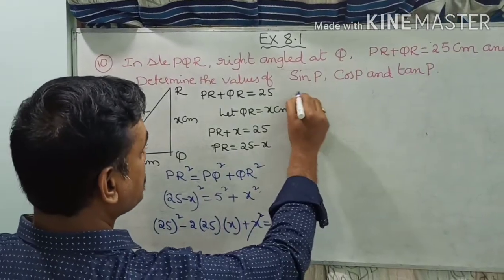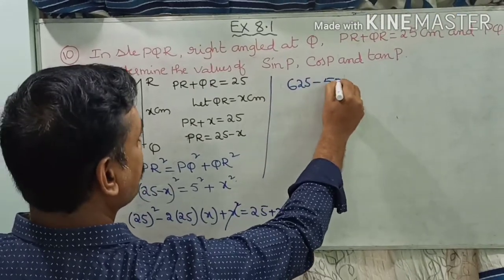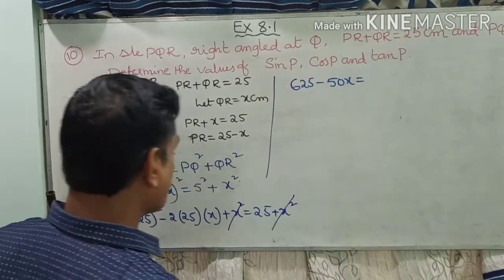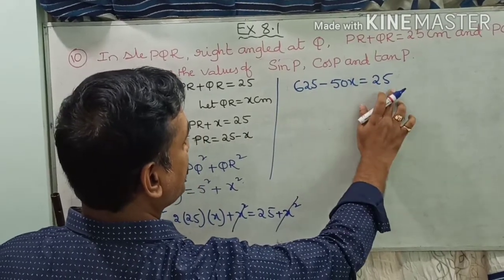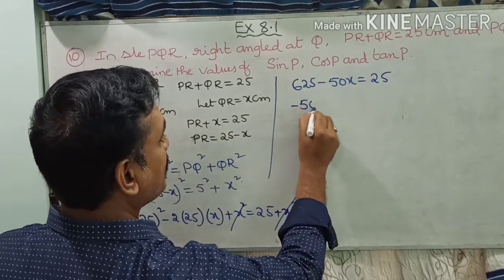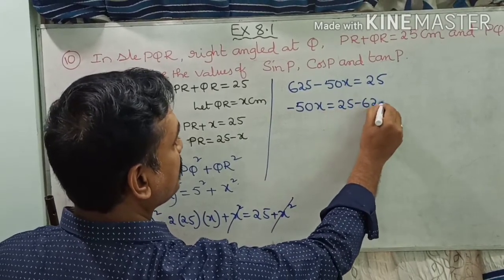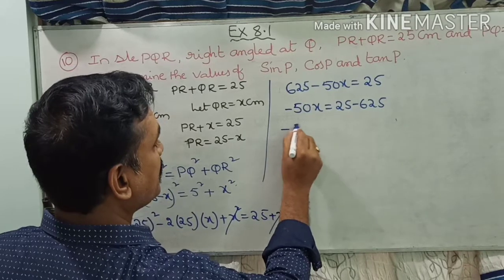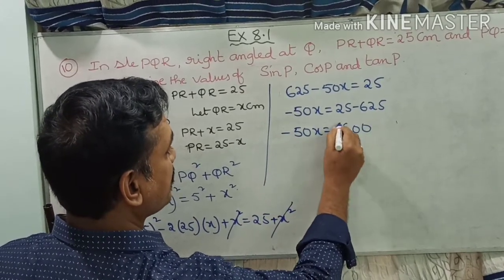25 whole square is 625, minus 50x equals 25. So 625 you can transpose to that side: minus 50x equals 25 minus 625, minus 50x equals minus 600.